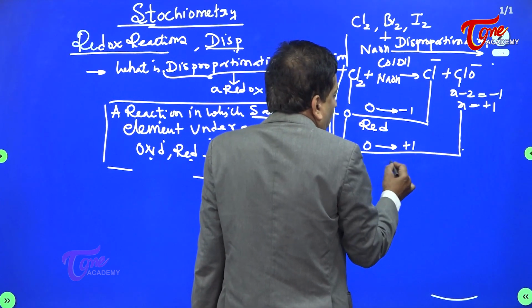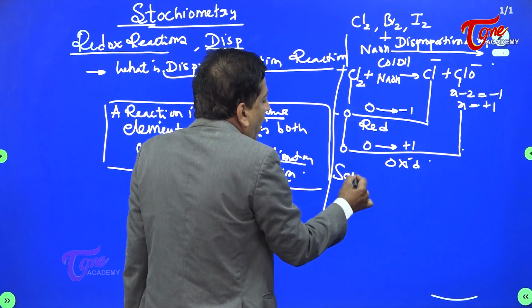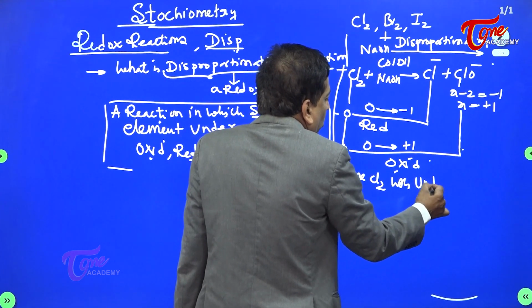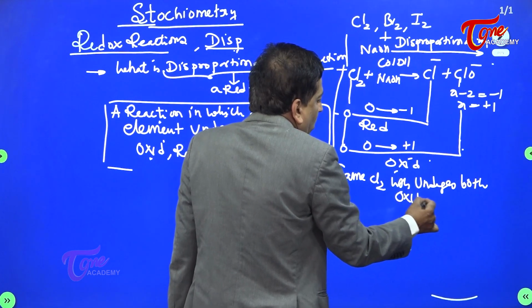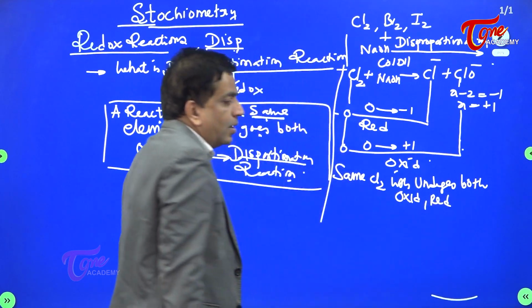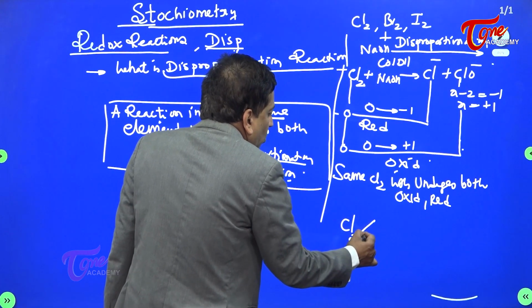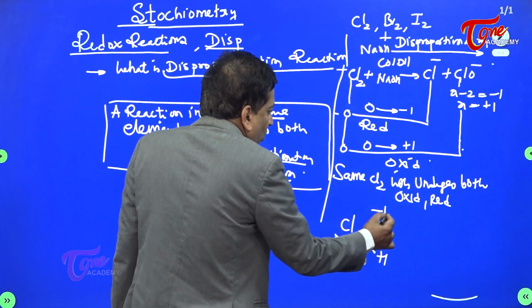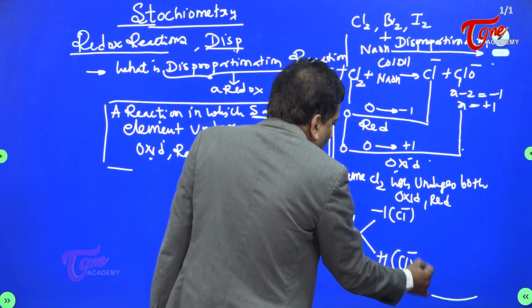So this is oxidation. If you actually see, it is the same chlorine which undergoes both oxidation and reduction. Same chlorine is oxidized as well as reduced. So it is 0 to minus 1 and plus 1. This minus 1 is the Cl minus and this plus 1 is ClO minus.